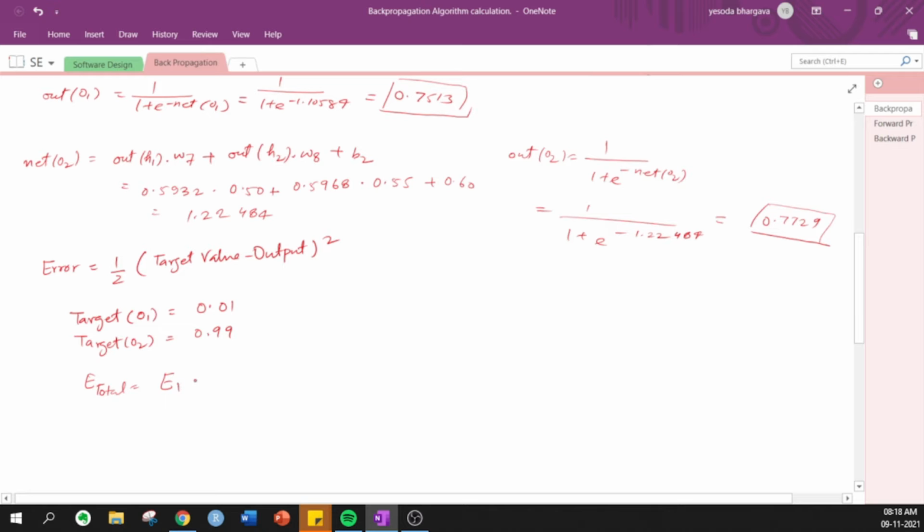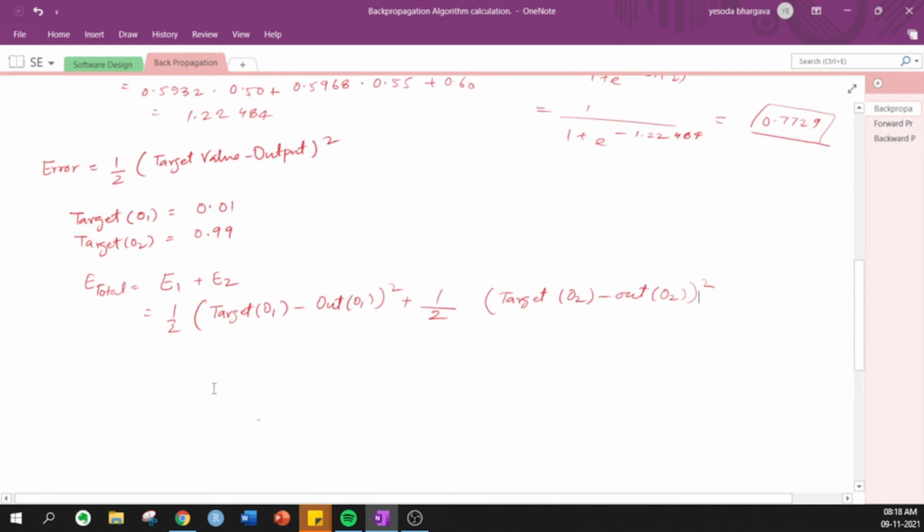So the total error would be error in output 1 and error in output 2. Error 1 is half of target O1 minus output of O1 whole square, and error 2 is half of target O2 minus output of O2 whole square.